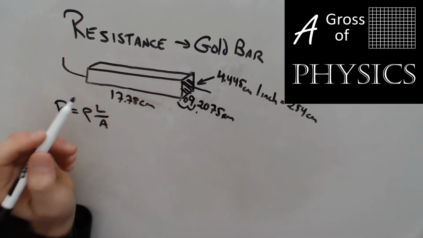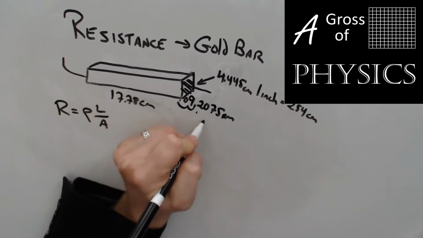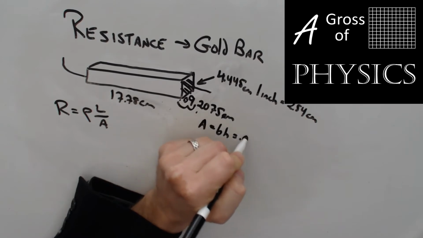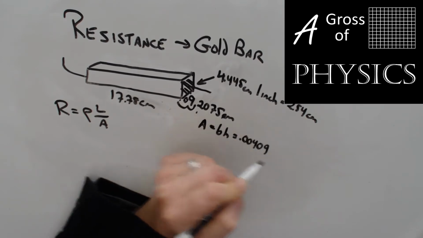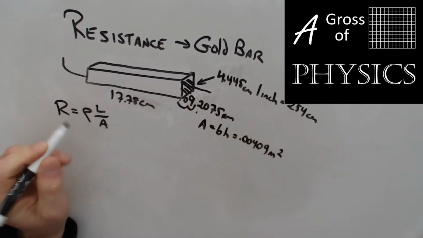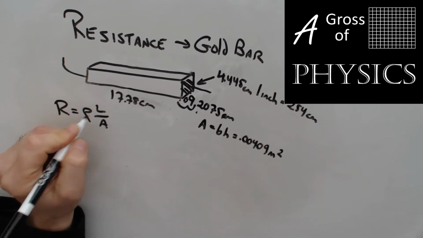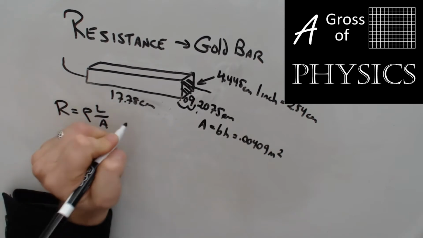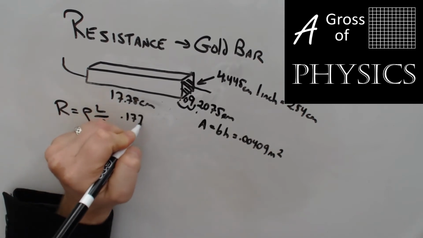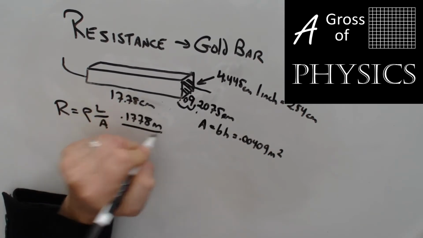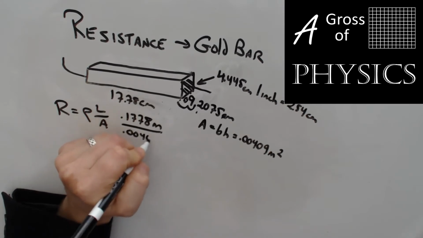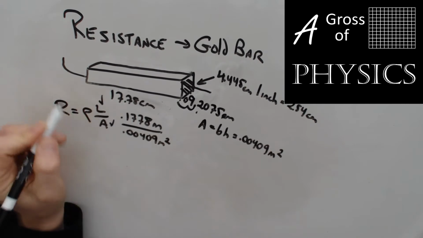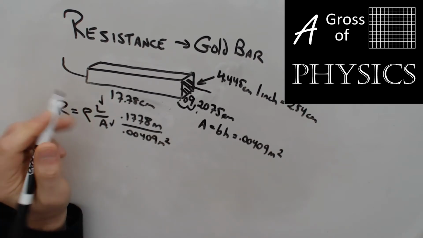And the value in square meters for the area is base times height, which is 0.00409 meters squared. Now the length, that's 17.78 centimeters, so I'm going to put 0.1778 meters over 0.00409 meters squared.